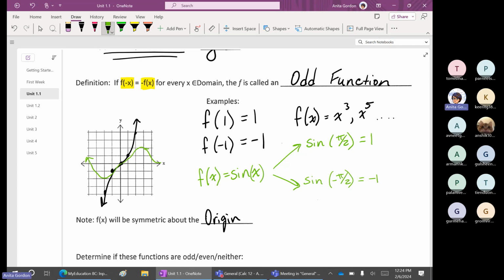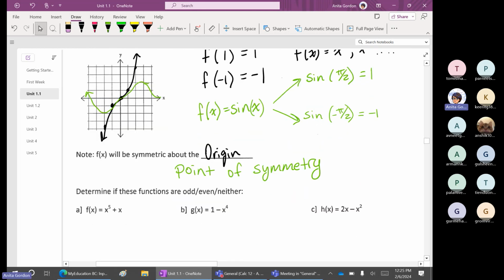So switching the input sign, positive, negative x, also switches the y sign, but the values that are coming out are the same. Any questions here before I move on? Point of symmetry. The origin is your reflection axis there.